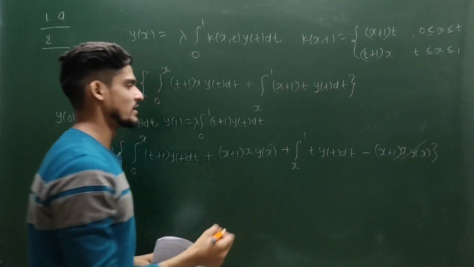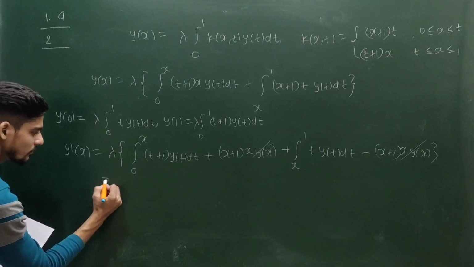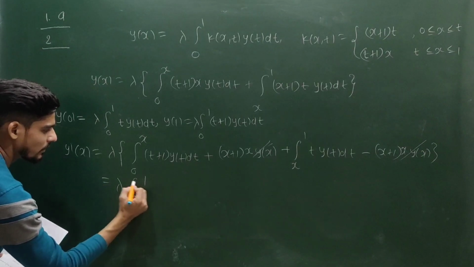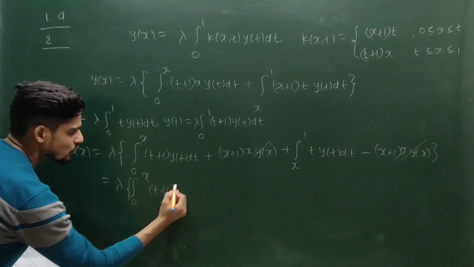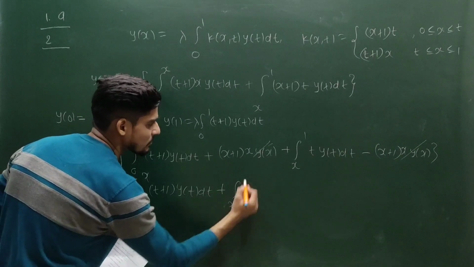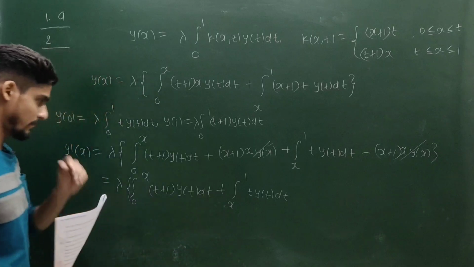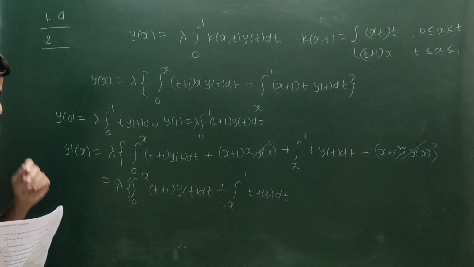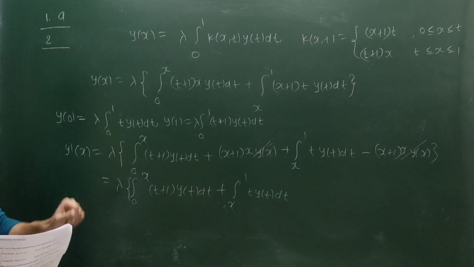This will get cancelled out with this part. So I will be having lambda times integral 0 to x of (t plus 1) y(t) dt plus integral x to 1 of t y(t) dt.